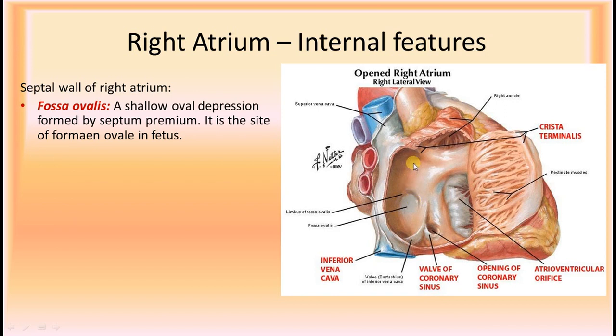Now what happens, suddenly the upper part of the septum disintegrates or disappears, and immediately to the right of it another septum develops and overlaps the first septum, that is called the septum secundum. So the lower part of the septum primum you are able to see, and upper part is overlapped by the septum secundum. The septum primum is represented as the fossa ovalis.